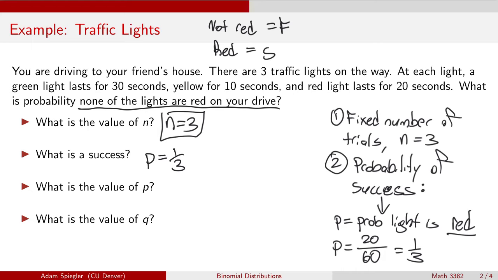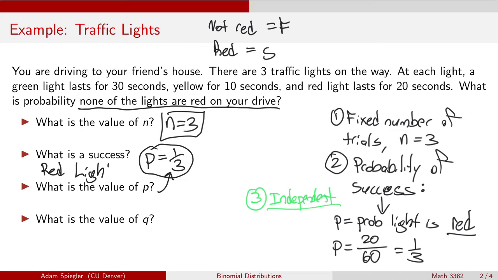And since this probability is the same in every trial and each trial doesn't affect the other, this indeed gives us this third property that we need, which is the trials are all independent from each other. So the value of P is equal to 1/3, and here we're considering success of red light. And this would tell us that the value of Q is therefore equal to 2/3.